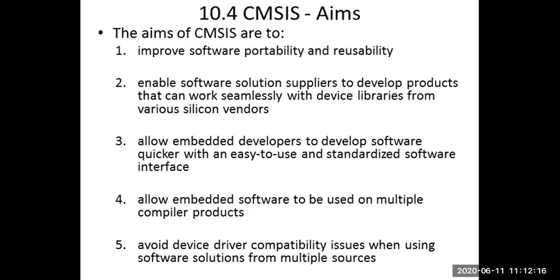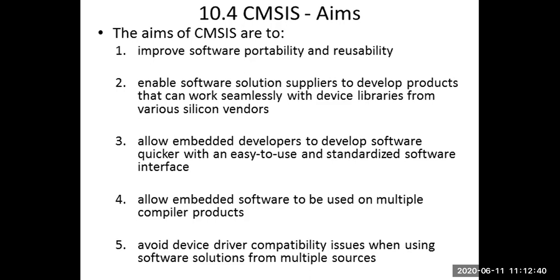This we saw in the previous slide. So by integration with the CMSIS and the device libraries, it helps different silicon vendors to develop the software solution. Third point, it allows embedded developers to develop software quicker with an easy to use and standardized software interface.